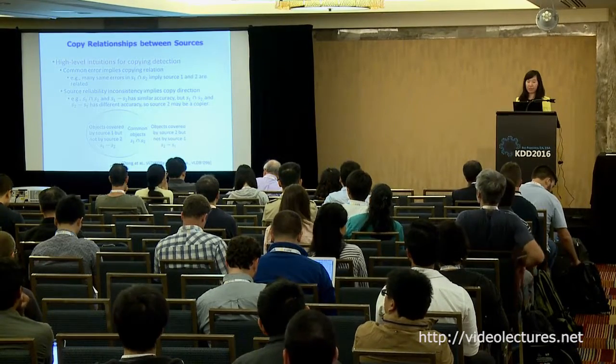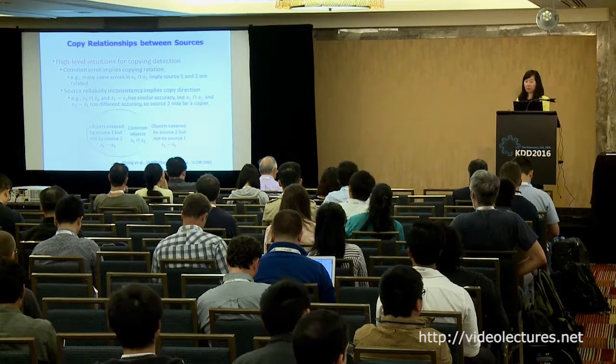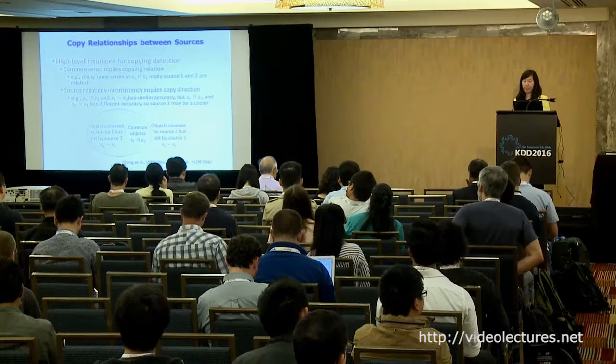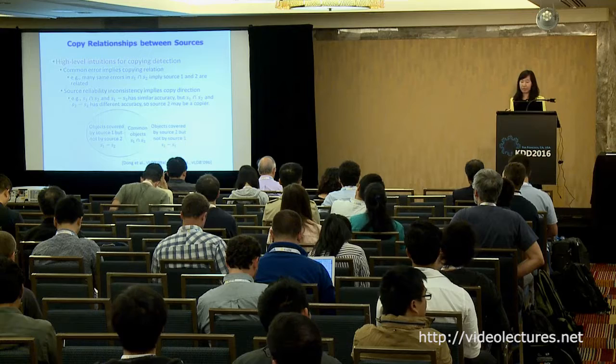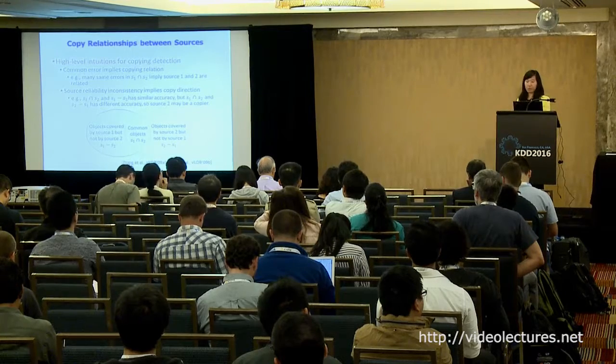If within source 1, the objects covered by source 1 only and the common objects part have similar accuracy, but for source 2, the common objects part and the source 2 only part have different accuracy, then we will say that source 2 may be a copier. So source 2 copies from source 1.